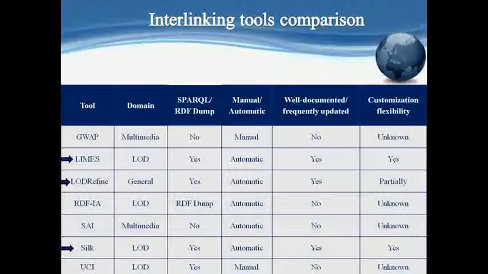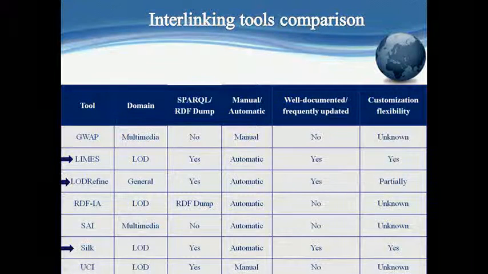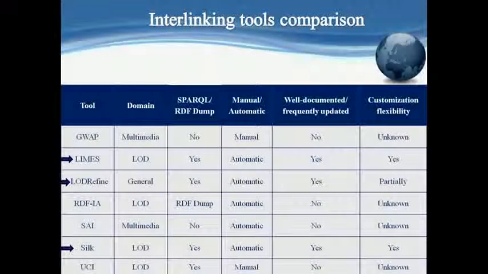So according to these criteria, we considered and compared 7 interlinking tools, and finally we selected Limes, LOD Refine, and Silk for our studies, and we realized that, for example, among these tools, Silk and Limes were more reliable in terms of getting more results and precise results as well.